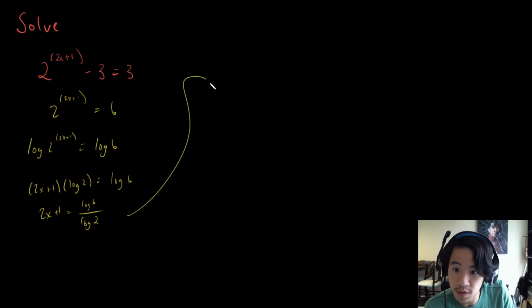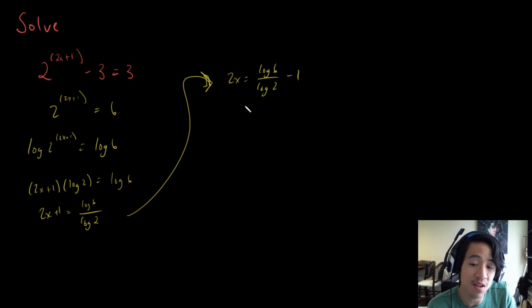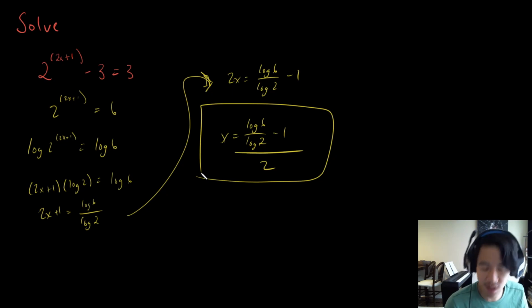So 2x equals log of 6 over log of 2 minus 1. Now we have to divide this whole thing by 2. X is equal to log of 6 over log of 2 minus 1, all divided by 2. And there's our lovely answer. It just looks beautiful, right?